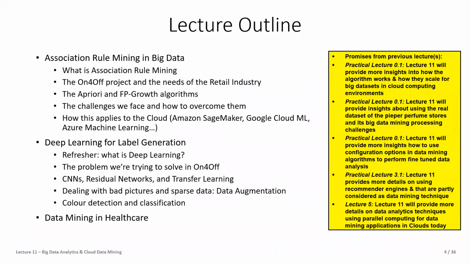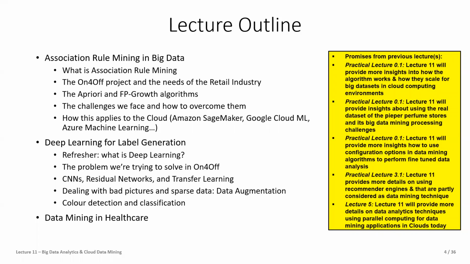All right, so first of all, we're going to talk about association rule mining in big data, and mostly defining it, but this is something that's already been done in the beginning of the course. And then I'm going to define one of the projects that we're working on, which deals heavily with retail and commercial applications.